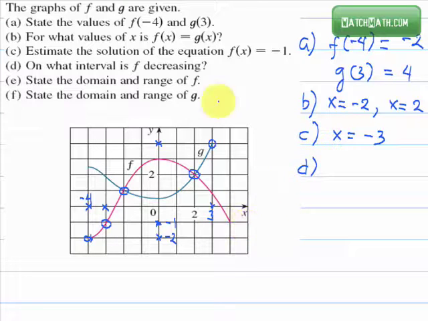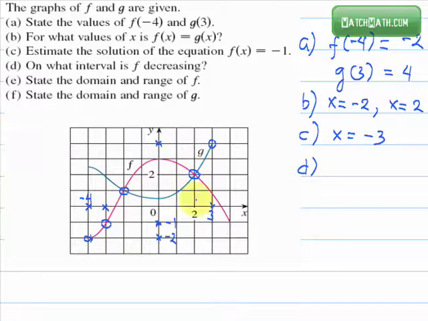Next problem, part D. On what interval is f decreasing? Okay, so we assume that the domain of f is only from -4 to 4, and we cannot extend the function all the way to the right or all the way to the left of -4.